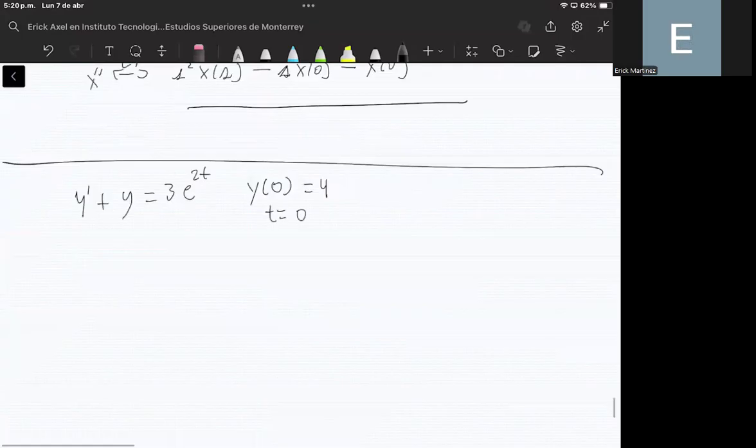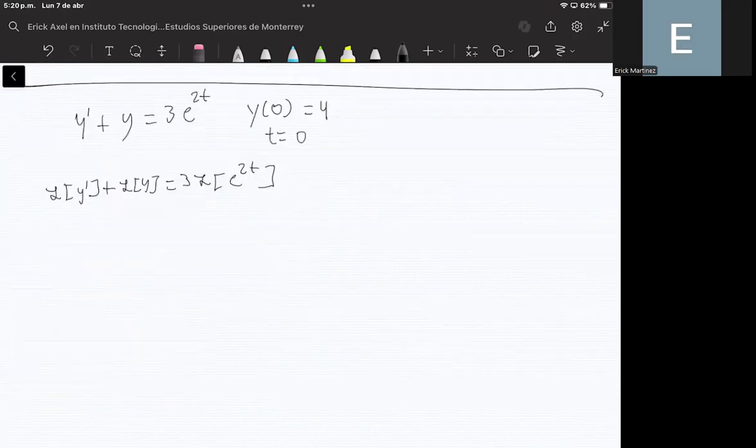So the approach is that we need to apply the Laplace transform to all of the differential equation. So we apply the Laplace transform to y prime, plus the Laplace transform of y, and this is equal to 3 times the Laplace transform of e elevated to the 2 times t. Now, here we have a first order derivative.